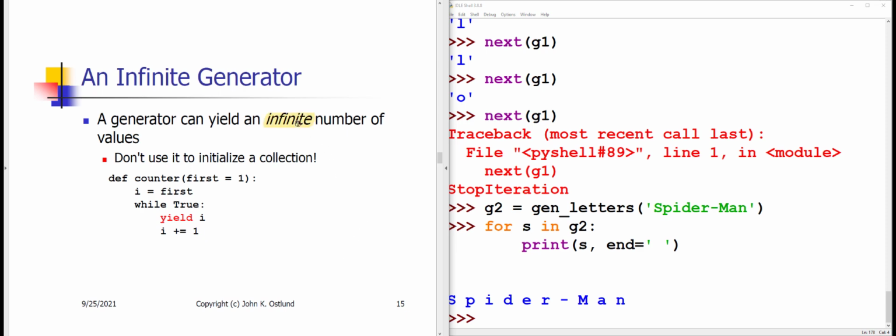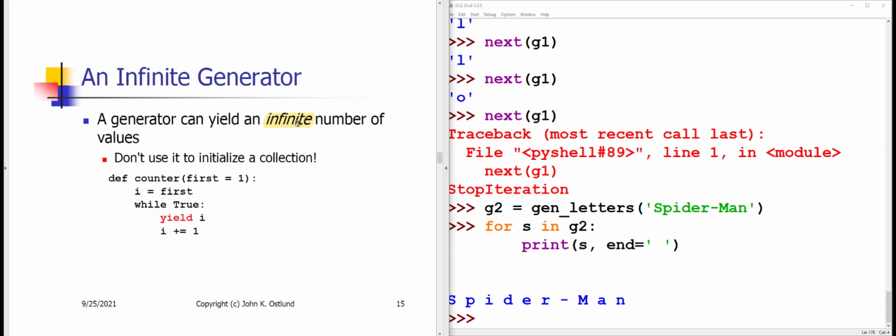One difference between collections that we can use as iterables, like lists or sets or tuples, or dicts for that matter, where we can ask for the .keys or .values or .items, is that a generator can produce an infinite number of values. If you create such a generator, that's fine.